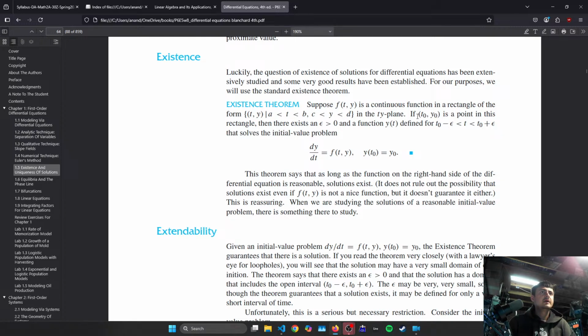If (t0, y0) is a point in the rectangle, then there exists an epsilon greater than 0 and a function y(t) defined on the open interval (t0 - epsilon, t0 + epsilon) that solves the initial value problem.